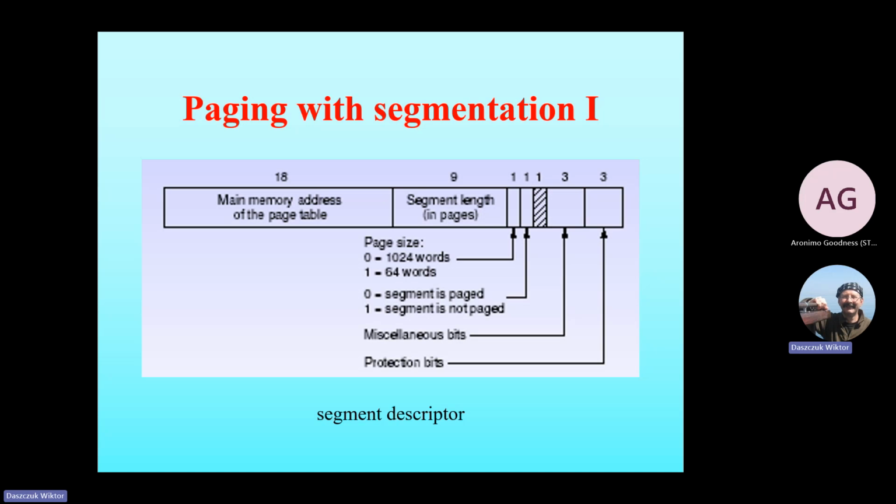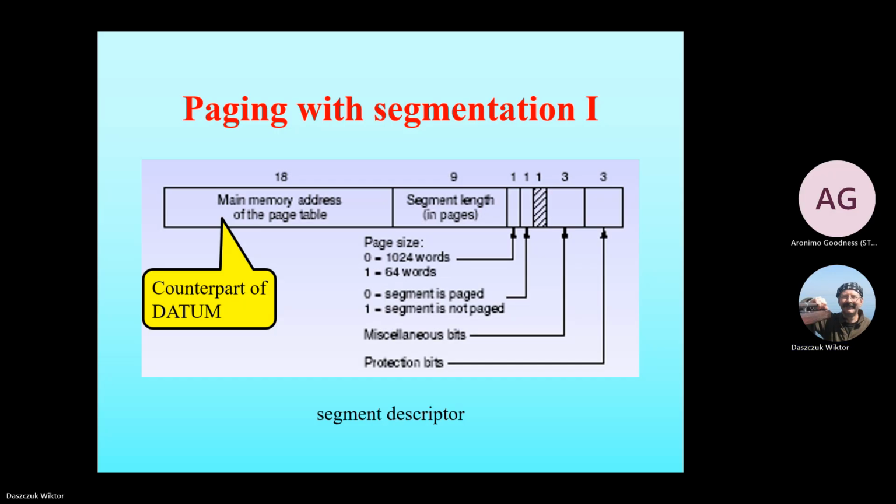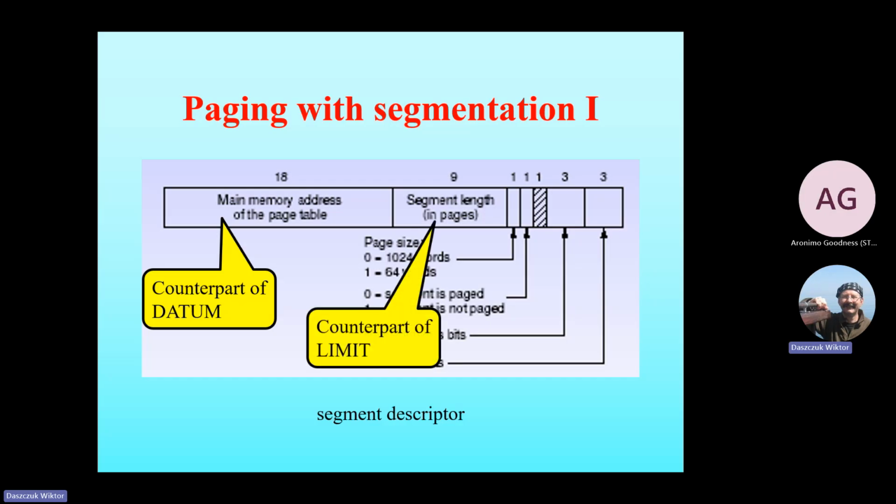And the address of the page index table is a counterpart of a datum register, which shows where the data are in memory. Segment length in pages is the counterpart of the limit register.